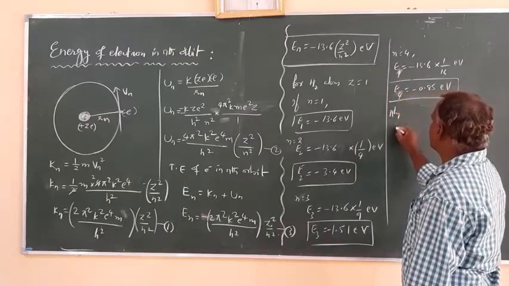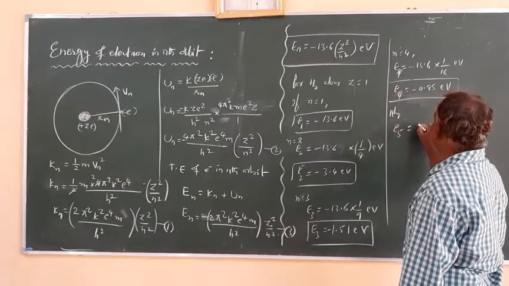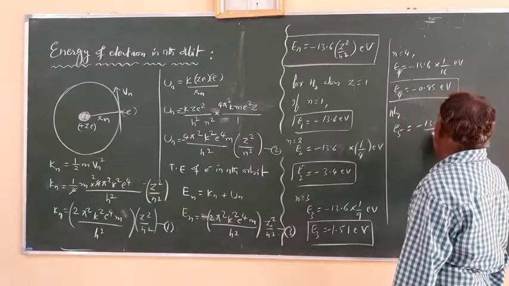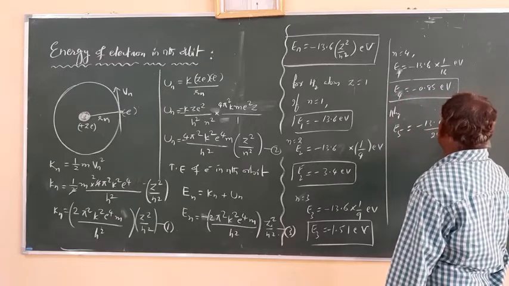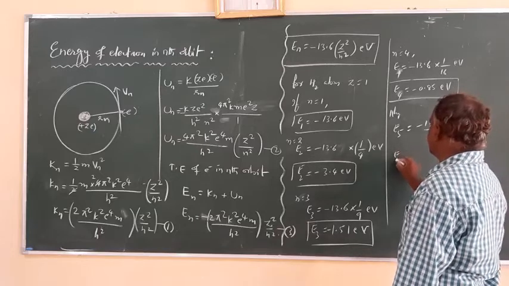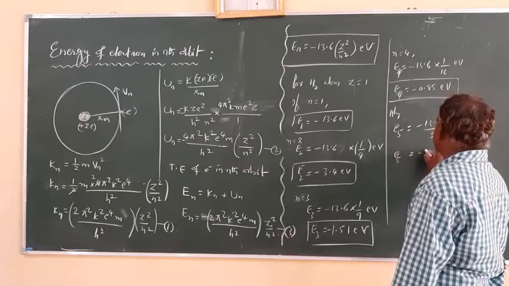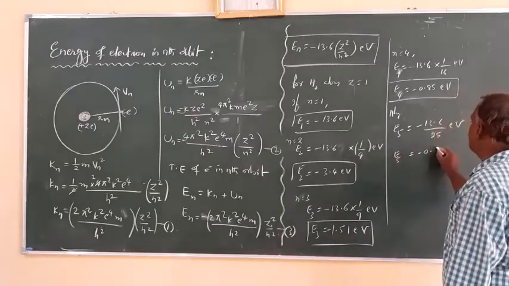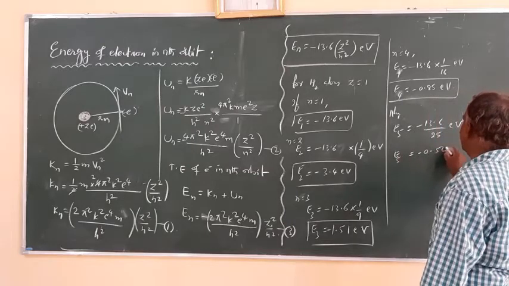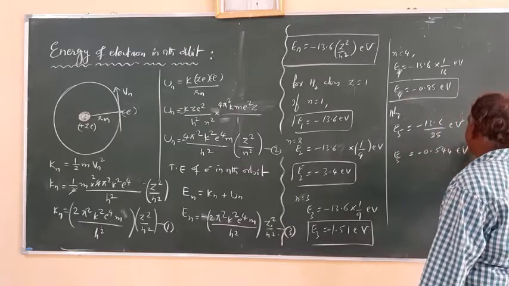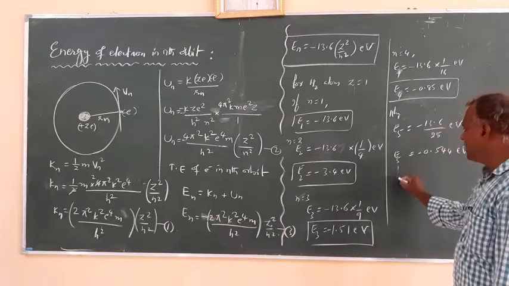Similarly, I can go for E5 is equal to minus 13.6 upon 25 electron volts, which is minus 0.544 electron volts. Like this you can calculate so on.